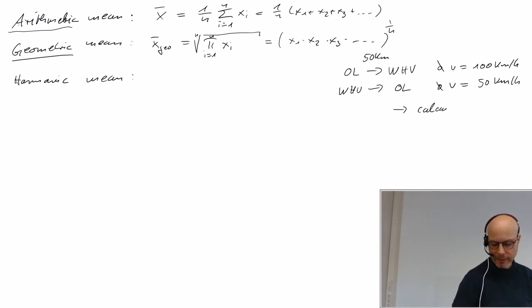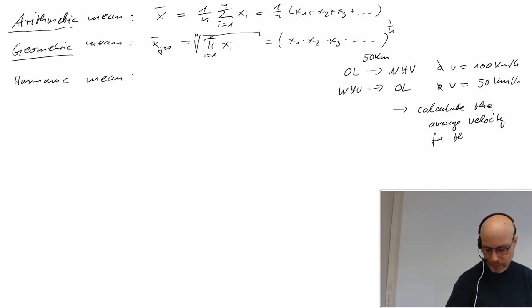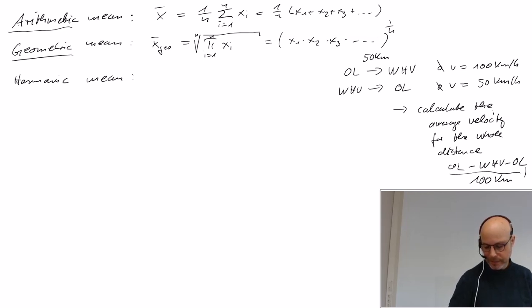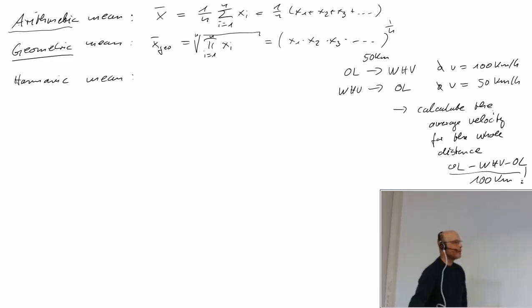Calculate the average velocity for the whole distance, Oldenburg, Wilhelmshaven and back, which is 100 kilometer. So hopefully you intuitively already know that the answer is not 75 kilometers per hour.